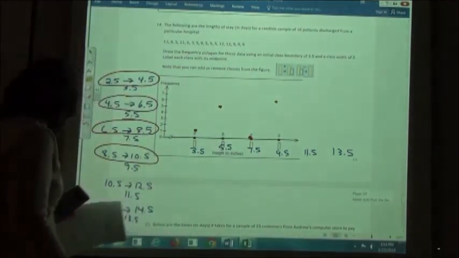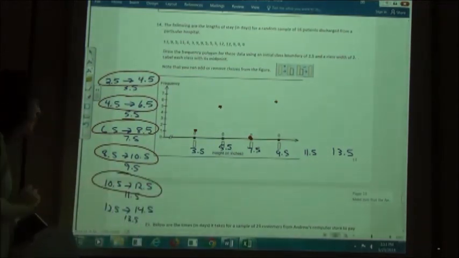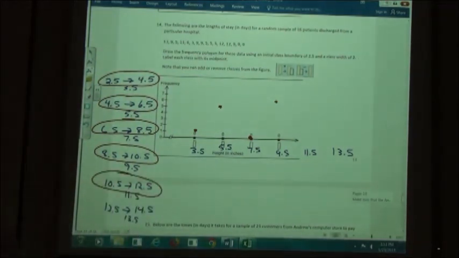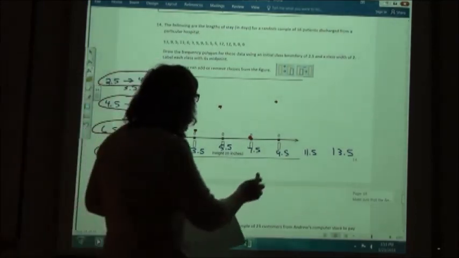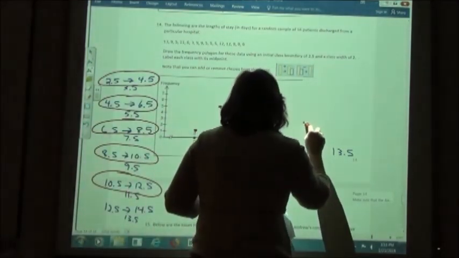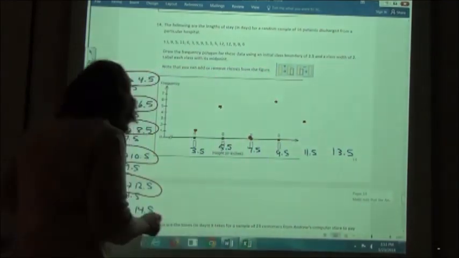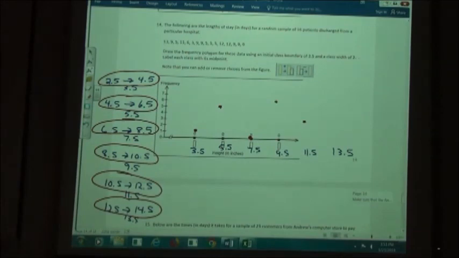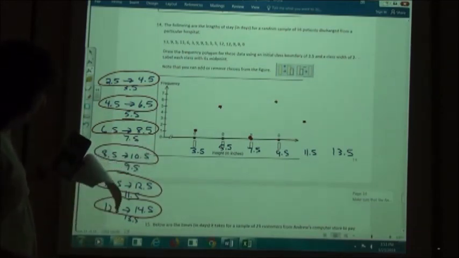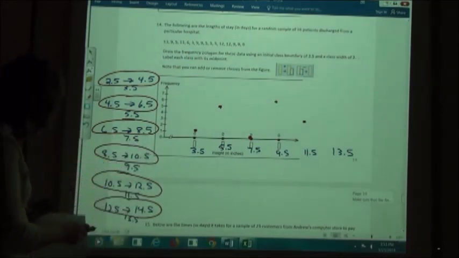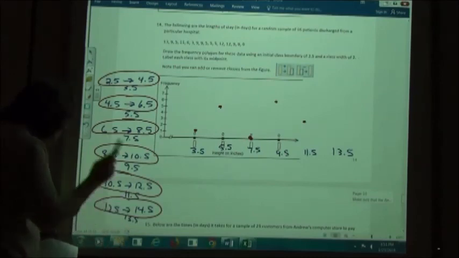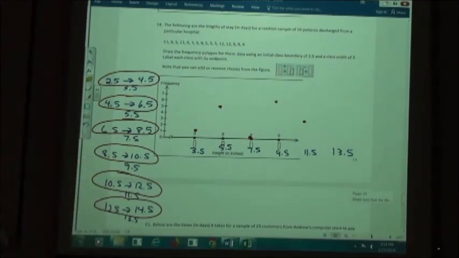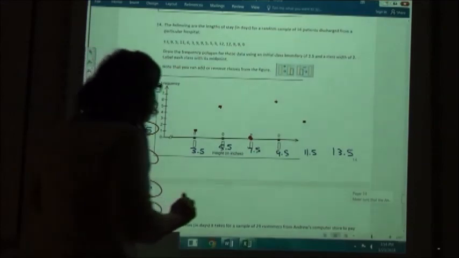The next section is from 10.5 to 12.5, so 11 or 12. There's 3 of them. And then my last section, 12.5 to 14.5, in other words, 13 or 14, we just have one, right?